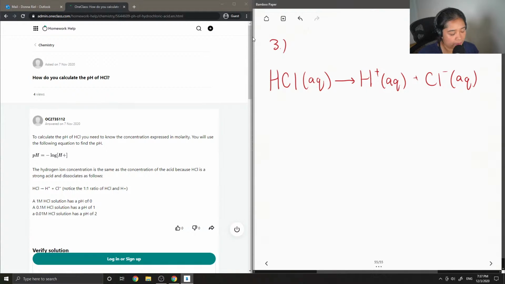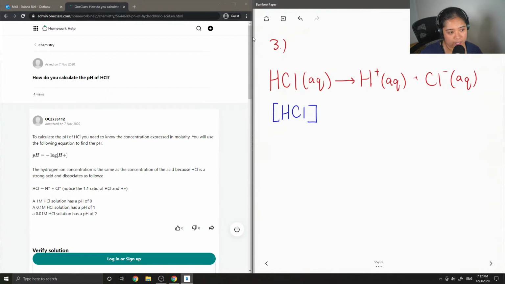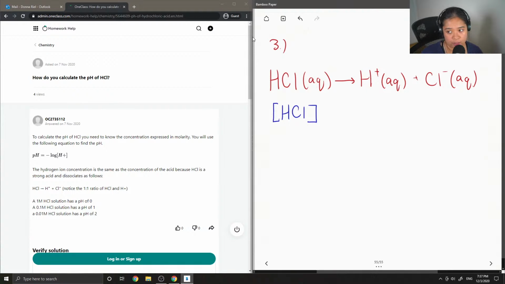So to calculate the pH of HCl, usually we are given the concentration of HCl. This is given in the question, and if we look at our reaction, since everything is 1-to-1-to-1, the concentration of HCl is equal to the concentration of proton ions, which is also equal to the concentration of chloride ions in the solution.